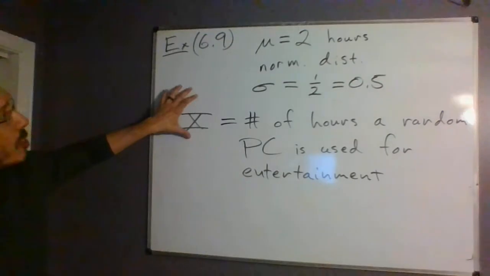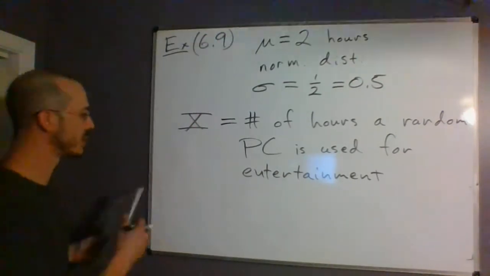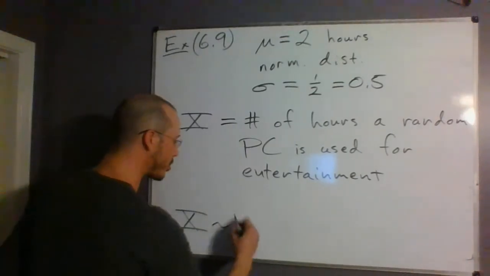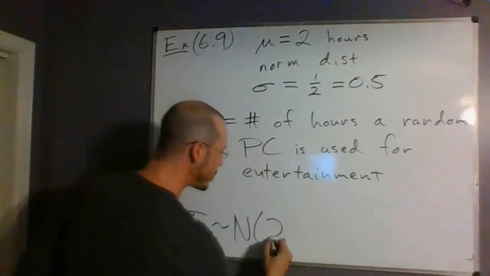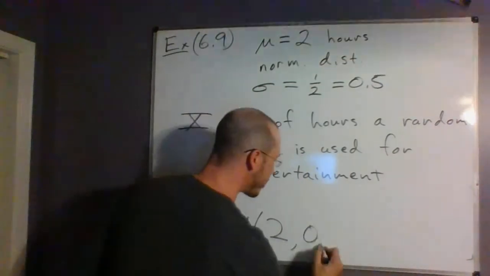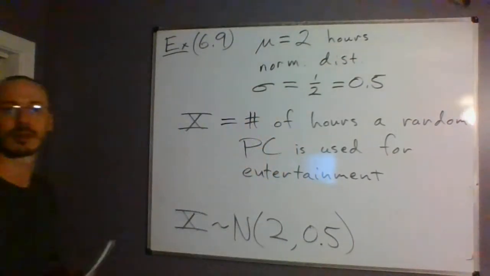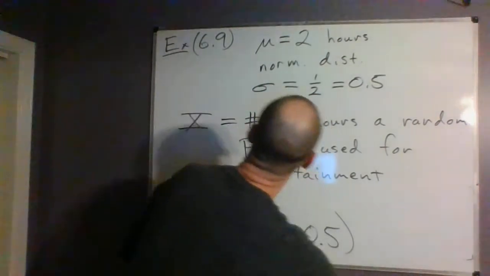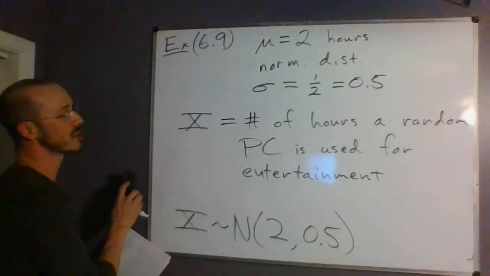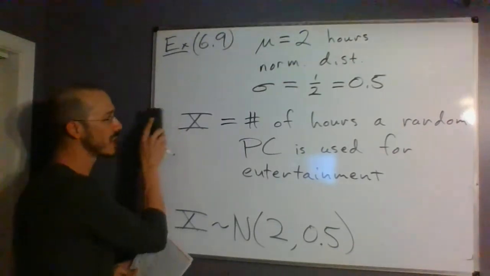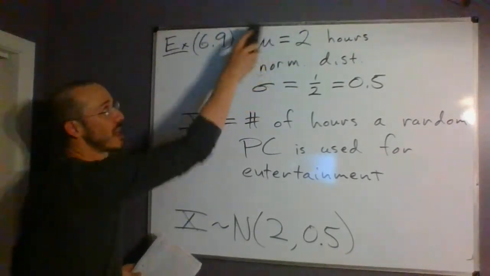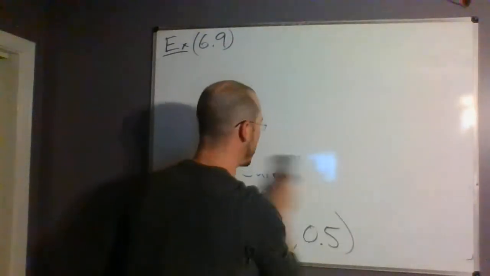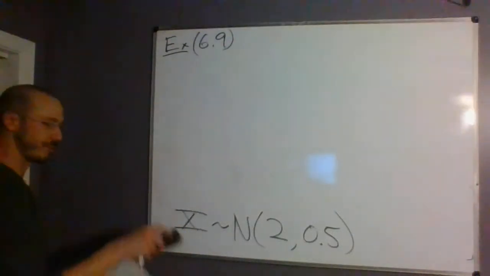And I can summarize this information using the notation x is distributed normally with a mean of 2 and a standard deviation of 0.5. And that's kind of the whole story here. We can use that in the calculator functions to answer these questions. So that's some important context. That's the actual information we're working with. But it's all right here.